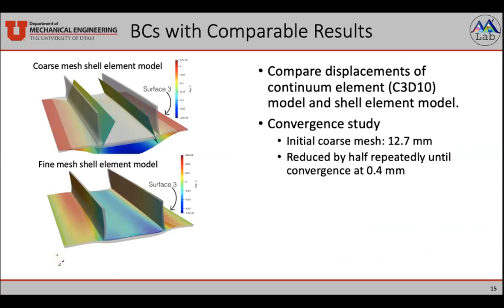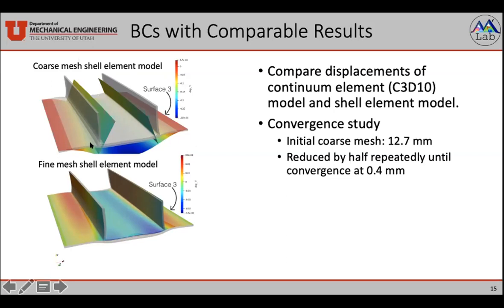So here on the left, we have the 2 different models being superimposed on top of each other. Up here on the top one, this gray is the 3D solid continuum element model, and this colorful model is the shell element model, and the displacements have been magnified by 1,000 times.